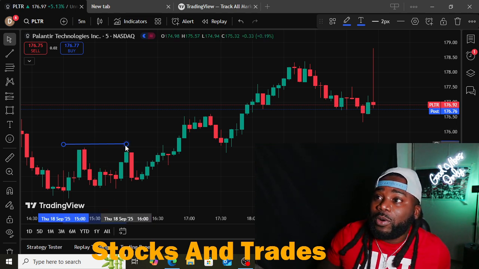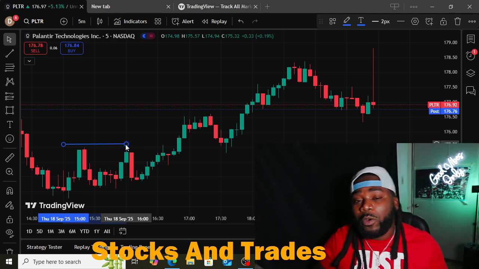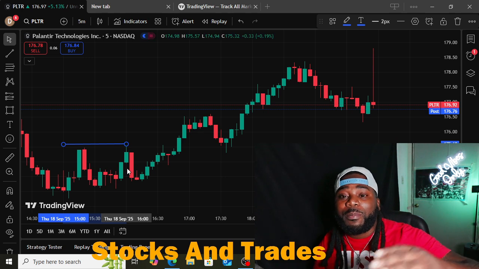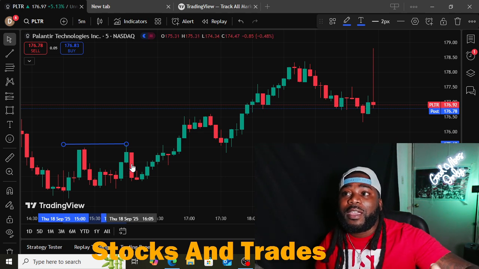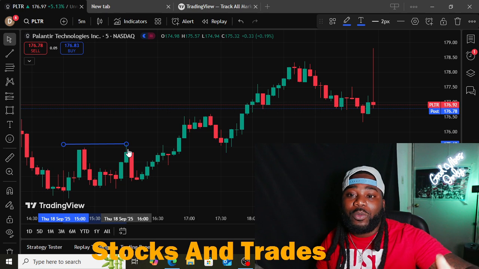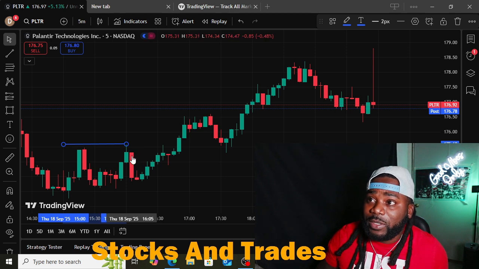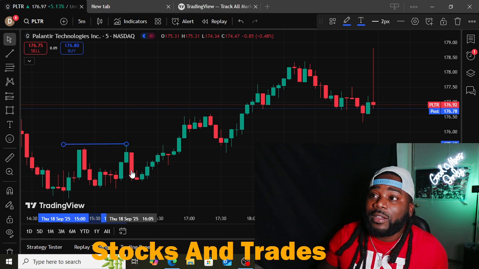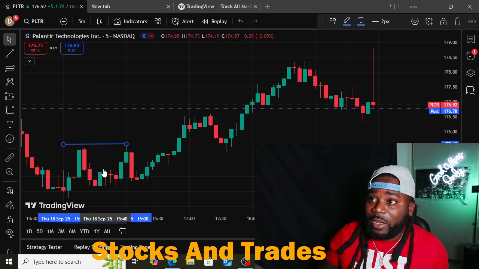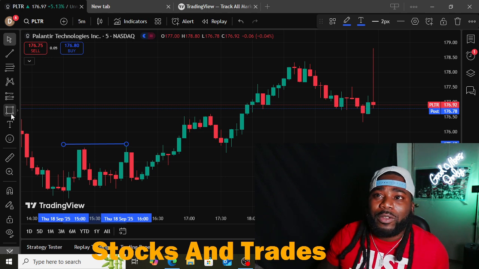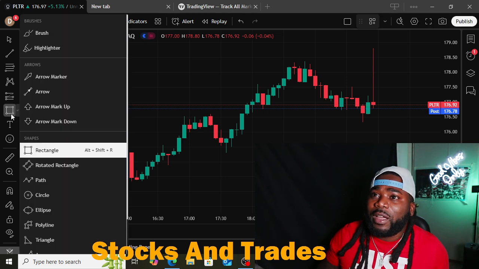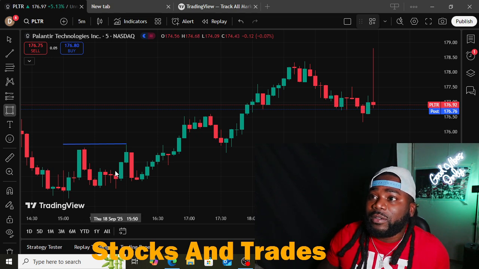Once it broke that high, I went back and watched the chart again to watch for the retest, which is this red candle right here that came into my area. I don't even know the name of the area, so I just call it my area.